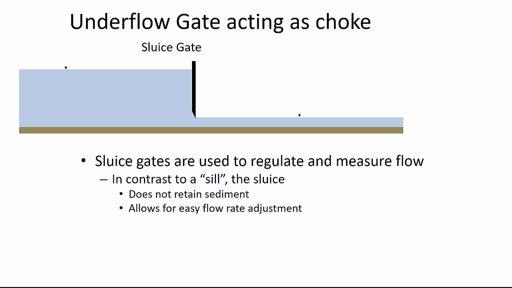And we saw an illustration of that in the lab where we had an underflow gate that was causing the hydraulic jump. As that gate was lowered, you noticed that the water level increased upstream of the gate. In this example, the water is flowing from the left towards the right.